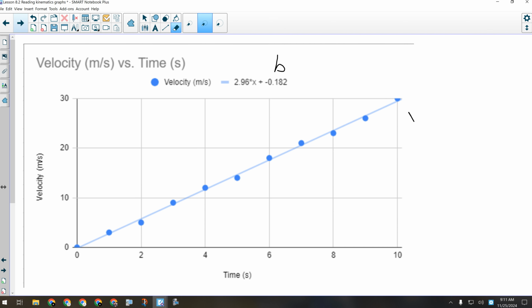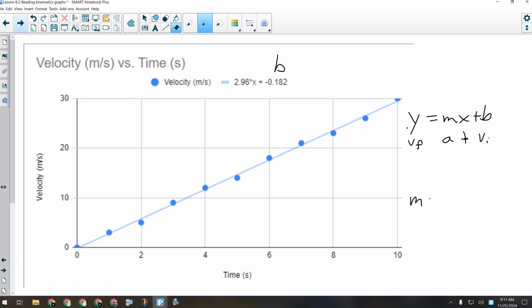If I'm looking at y equals m times x plus b, if b is my initial velocity, y would be my final velocity. It's the last value of y that I'm working with. What did we say x was? Time. And m is? Slope. Acceleration.